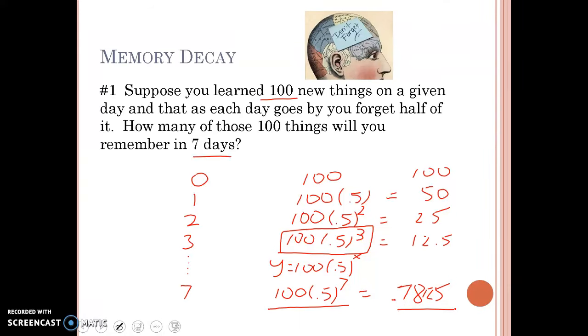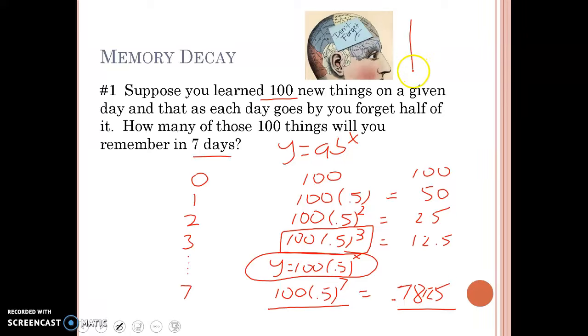So anyway, the function here that we're talking about is this one right here. And it's still in y equals a times b to the x form. The growth factor is 1/2 because you're forgetting half of it. That's why it's called exponential decay. The a is still the beginning amount, which is 100.